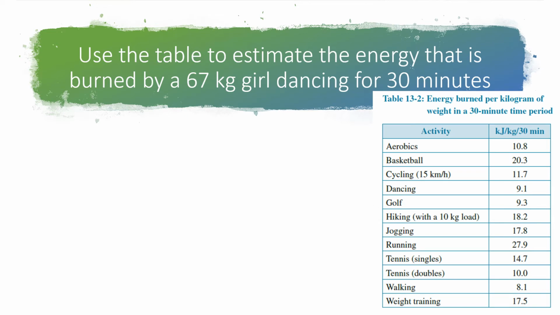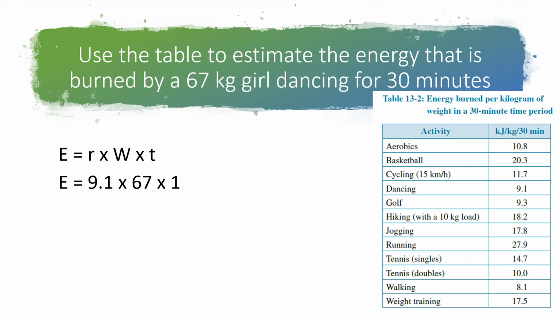So let's have a look at an example. Use the table to estimate the energy that is burned by a 67 kilo girl dancing for 30 minutes. So using our formula, E equals R times W times T. If we have a look at our table, we can see that dancing is 9.1 kilojoules per kilo per 30 minutes.